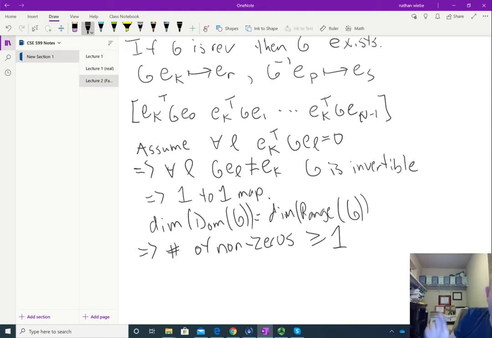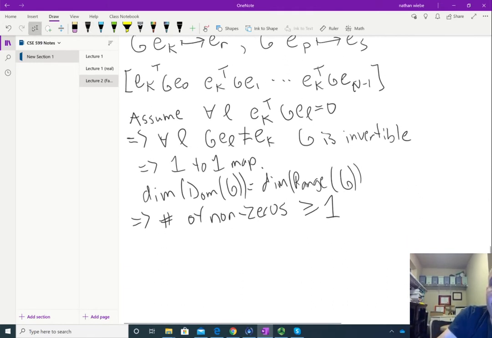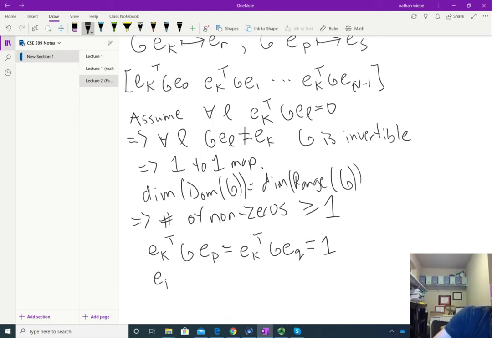All right, cool. So now, let's, again, make an argument by contradiction. Let's assume that we've got two elements in a given row. Let's assume that E_k transpose G acting on E_p is equal to E_k transpose G acting on E_q equals 1, and that the two are distinct. So the inner product of E_p and E_q is equal to 0, i.e. both of those vectors are orthogonal.